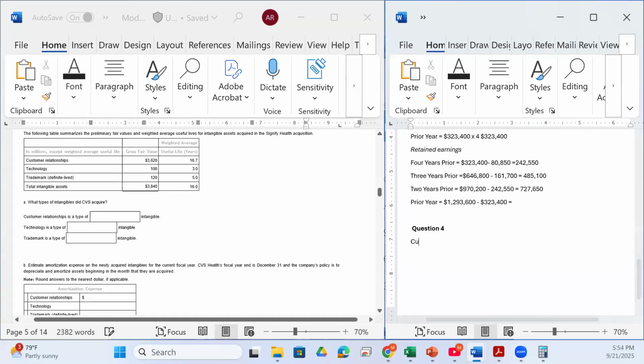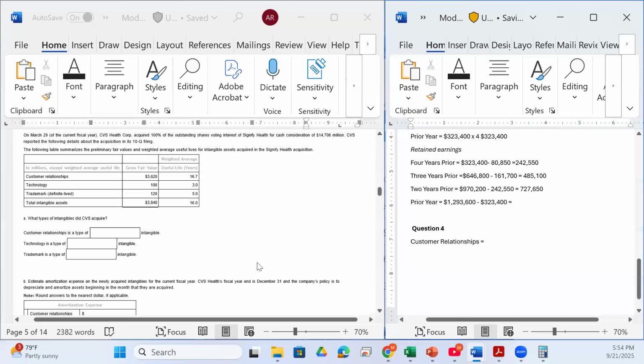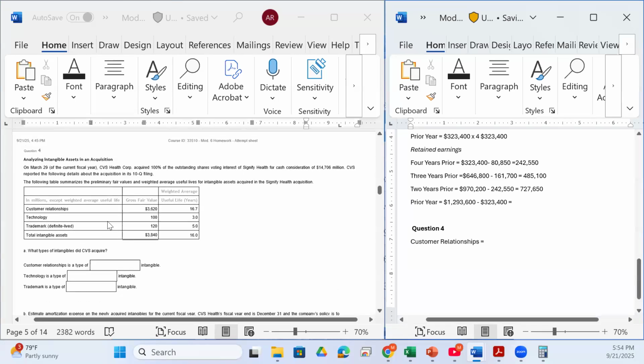For customer relationships, this table tells us the following: the preliminary fair values and weighted average useful lives for intangible assets acquired in the Signify Health acquisition.